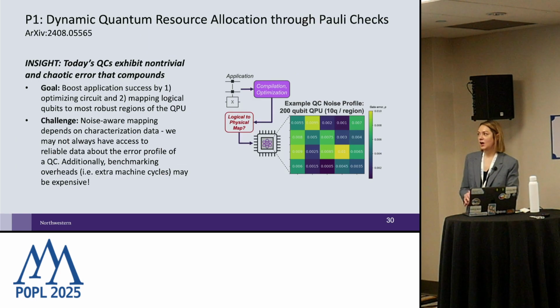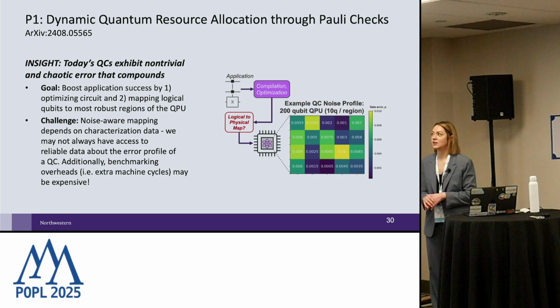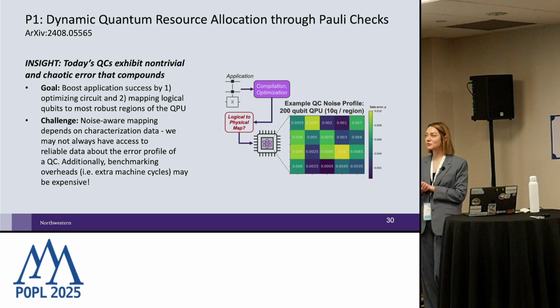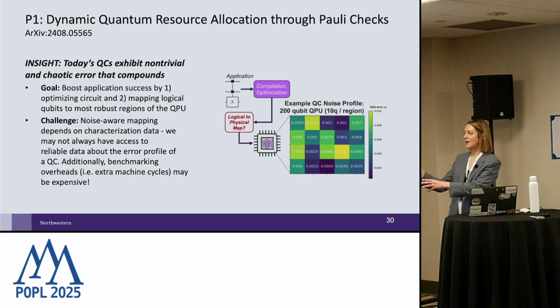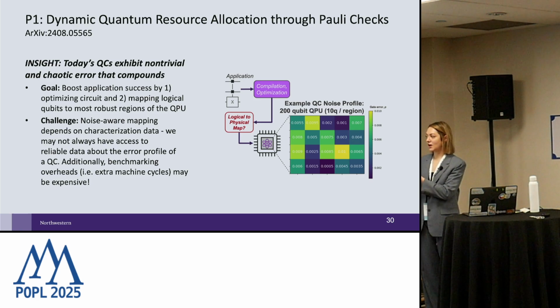So first, this nice little project that looks into dynamic quantum resource allocation through polychecks was guided by the insight that during compilation, we are forced to map specifications to this very chaotic noise profile. That's not only very different as we look across a device, but it's subject to change.